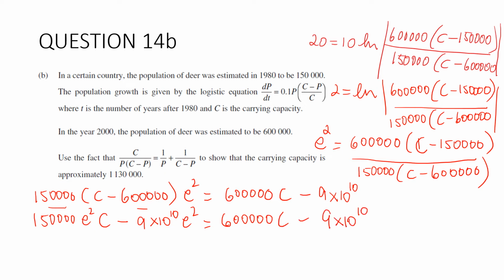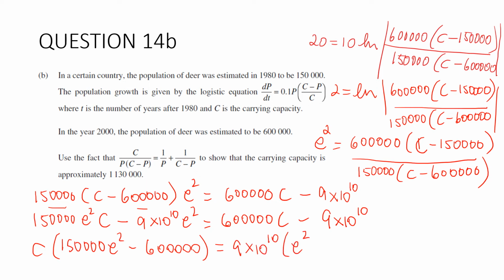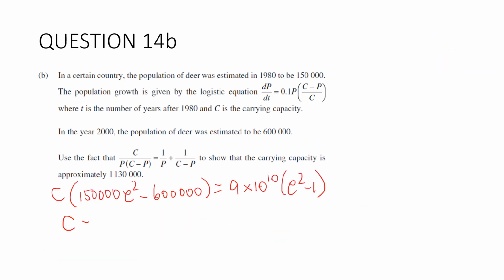Collecting those C's together, 150,000 e squared take 600,000 is equal to 9 times 10 to the power of 10 (e squared take away 1). And so C is equal to 9 times 10 to the power of 10 (e squared take 1) all over 150,000 e squared take away 600,000.